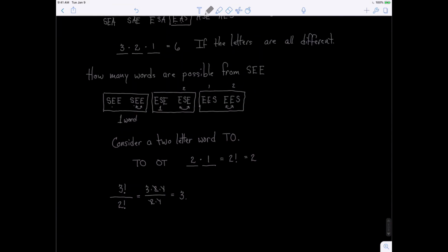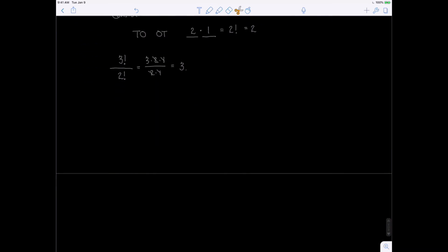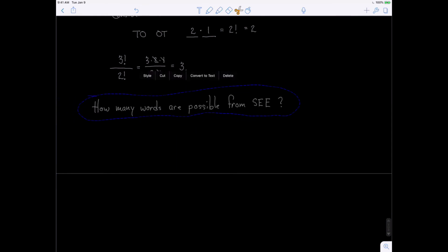So, let's try this. How many words? I should have had a question mark there. Let's just use this one again. Let's come down here. And let's change this just a bit. What about SEAMS?